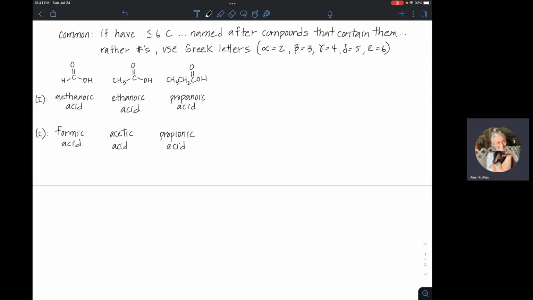The next one, and I'm going to try to save a little bit of space here, is 4 carbons. So I'm going to put these little methylenes in parentheses so that we can consolidate. So essentially you're counting 4 carbons, and that would have been butane. So this is butanoic acid.